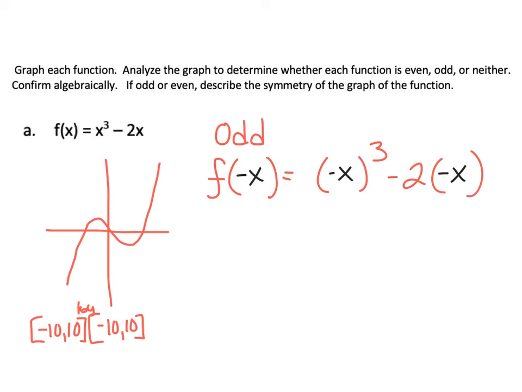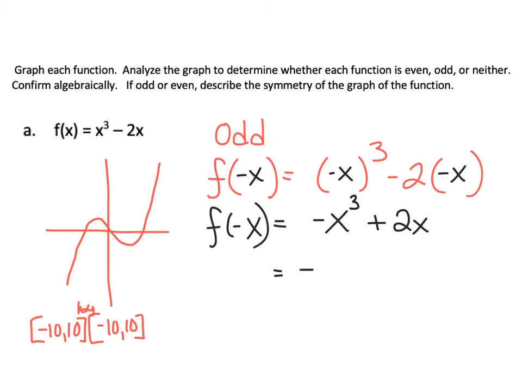So negative x to the third power is going to produce negative x to the third. When you raise a negative value to an odd exponent, it will always be negative. And then I have negative 2 times negative x, which would be plus 2x. So when I look at this, how does it compare to my original? Well, everything is exactly the opposite sign. So what do I do just algebraically?